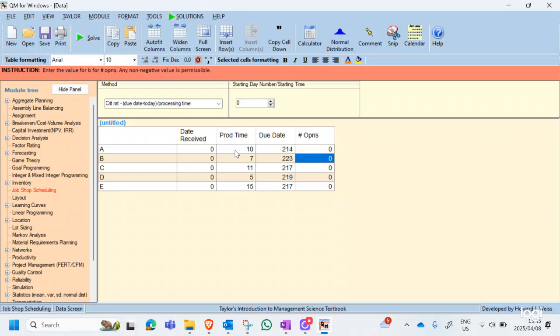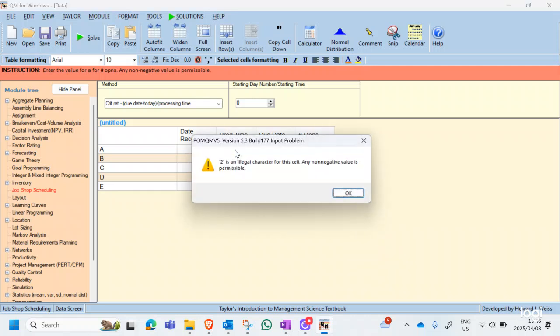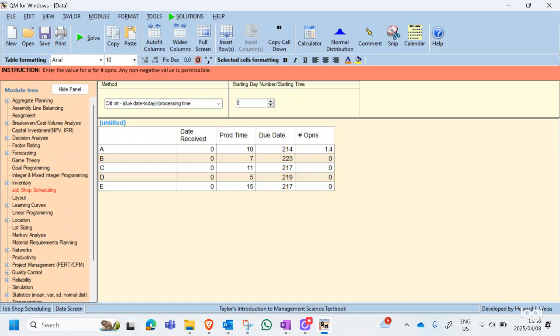Our critical ratios are 1.4, 1.4, 3.29, 1.55, 3.8, 1.13. Then the starting date is 200.